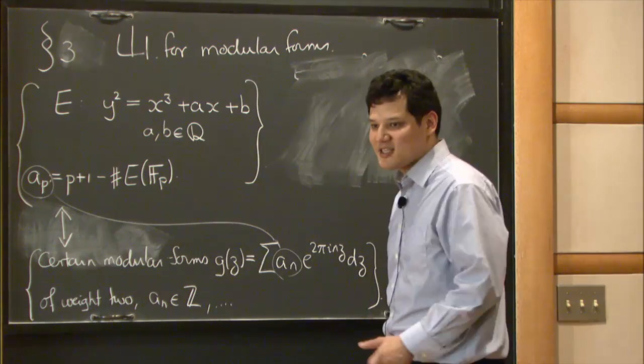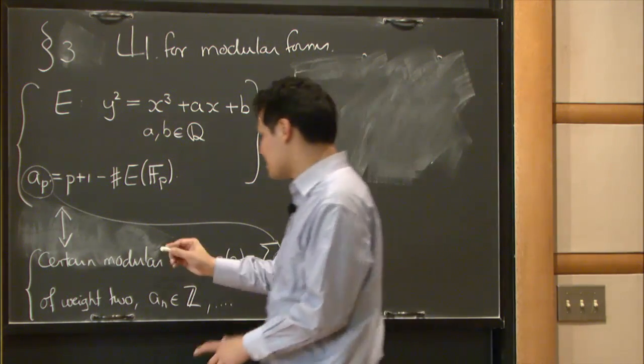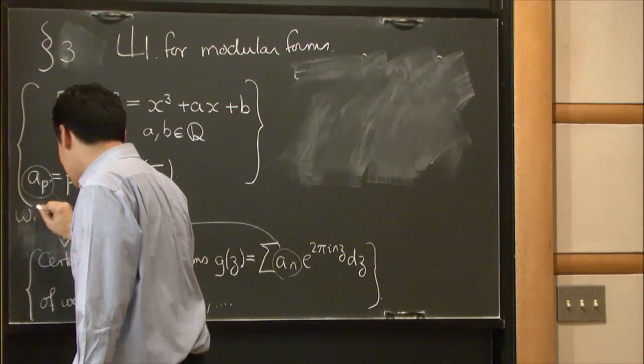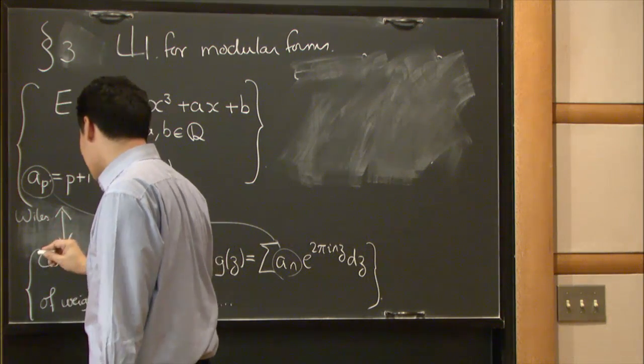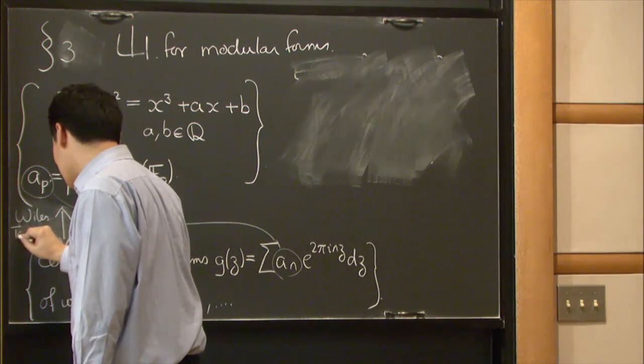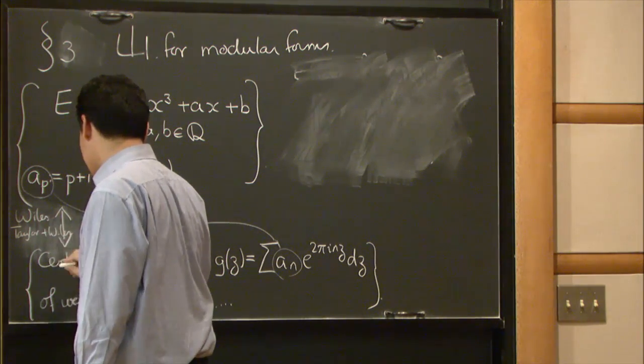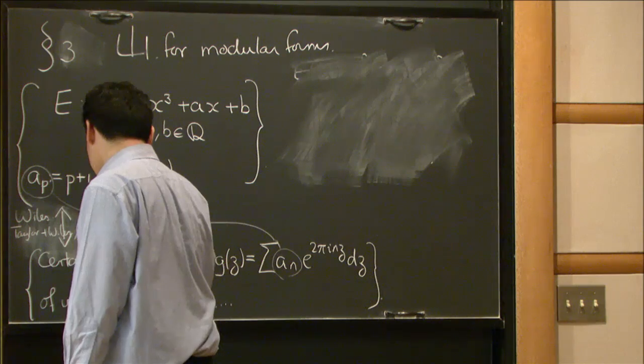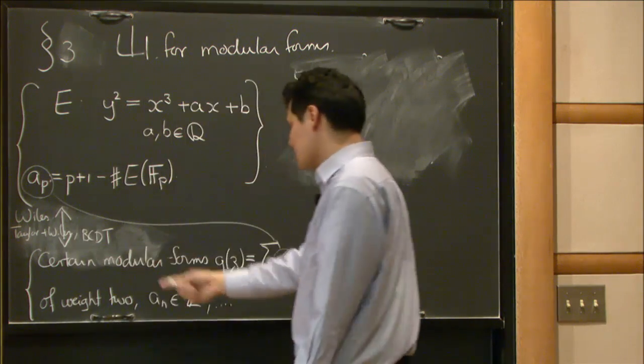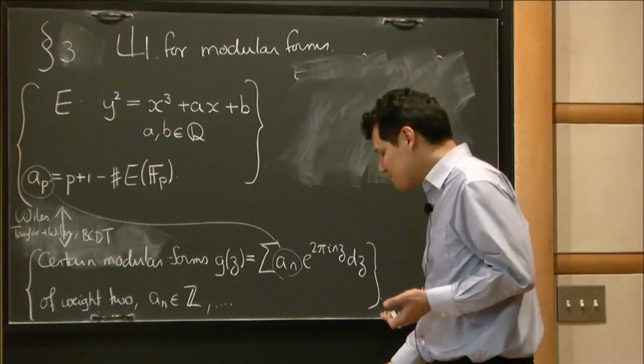It's one of the nice parts about this correspondence. So this was the engine of Wiles's proof of Fermat. As we should mention, Wiles, Taylor-Wiles, and the work of Breuil, Conrad, Diamond, and Taylor.